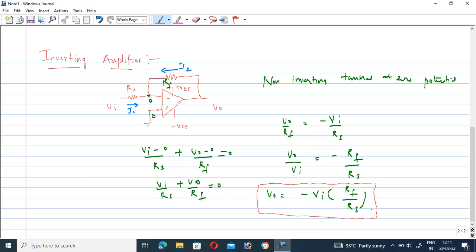If you observe, the output voltage is equal to minus Vi. That means the output signal is produced out of phase to the input signal. In the case of the inverting op amp, the output voltage is out of phase to the input signal.